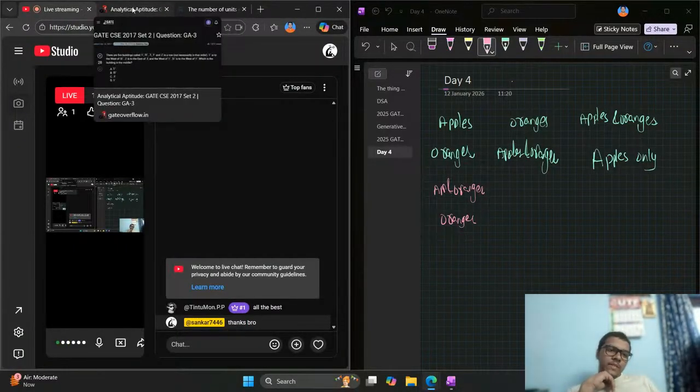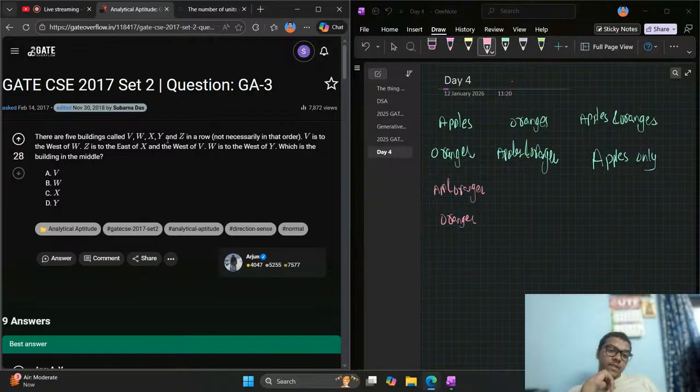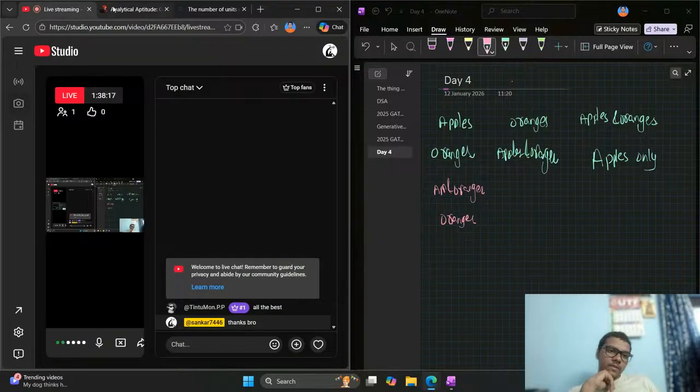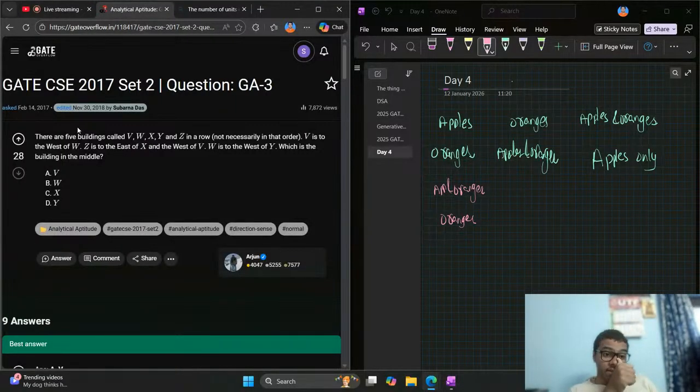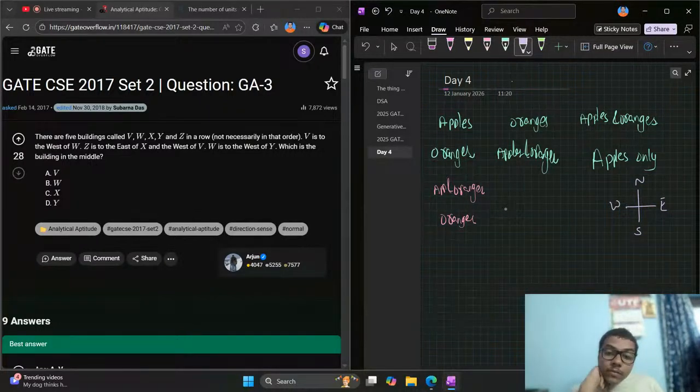There are five buildings. Is it showing? Yeah, right, it is. There are five buildings: V, W, X, Y, and Z in a row, not necessarily in the order. Let's draw this: north, south, east, and west. V is to be west of W. V is to be west of W, okay.